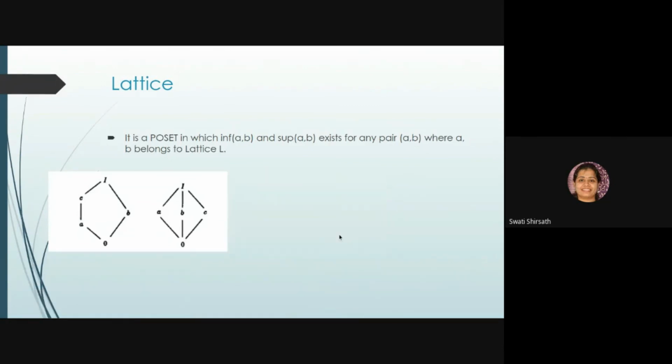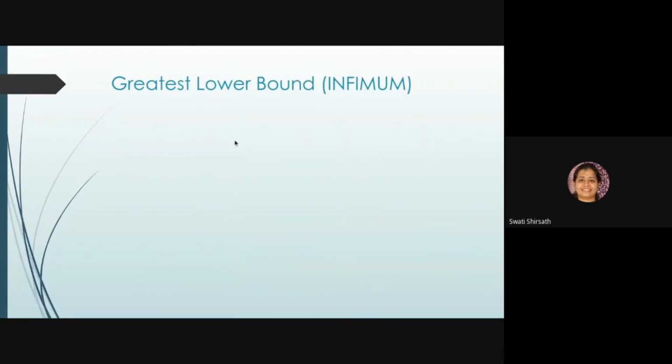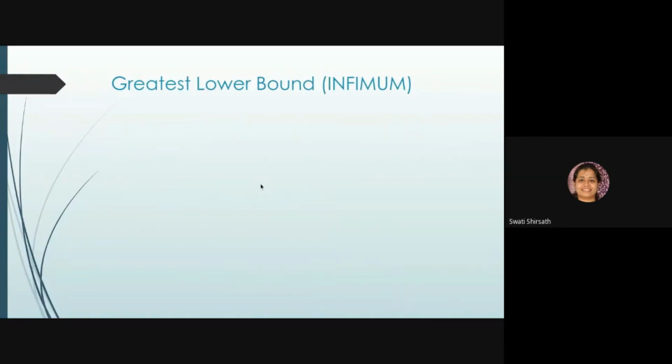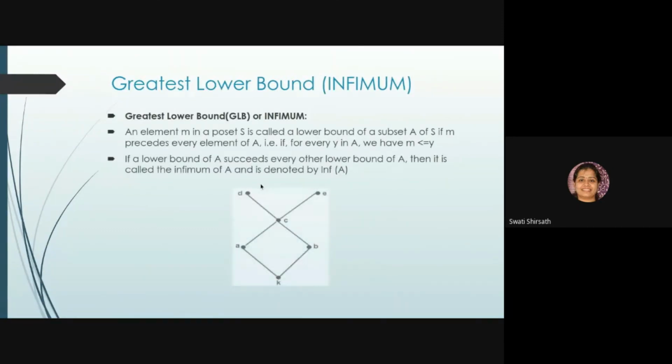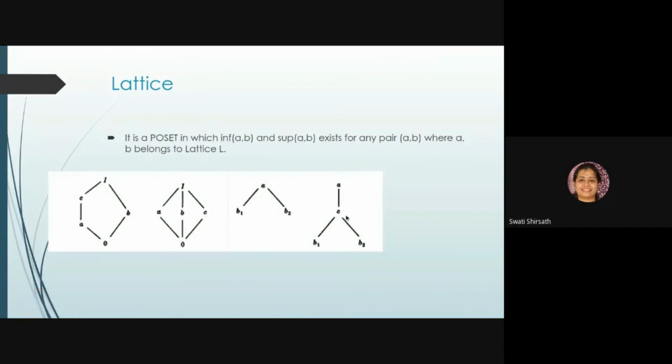I'll show you the definition of LUB. If an upper bound of A precedes every other upper bound of A, then it is called the supremum. So here we have an upper bound of B1, B2 as C, but there is one above it as well. So we have two upper bounds here. We have to choose the least among them, which is C.